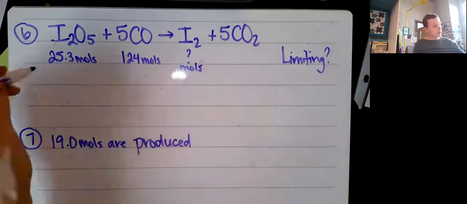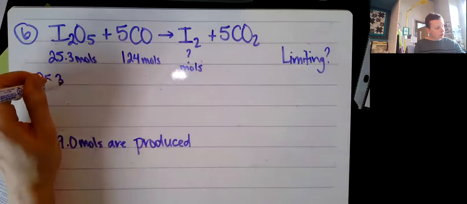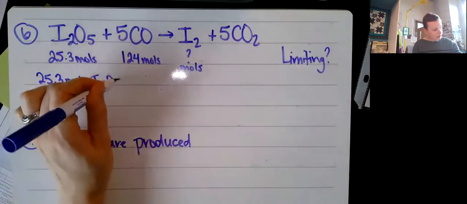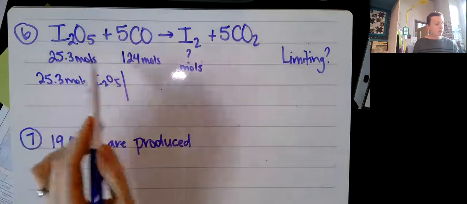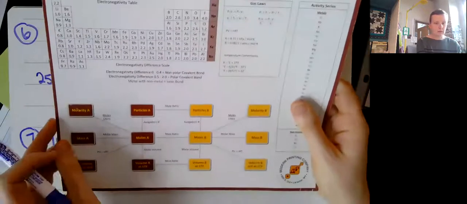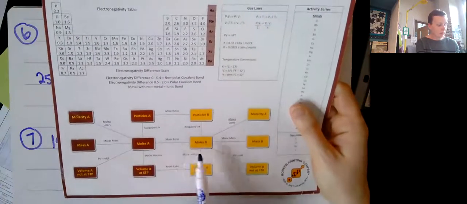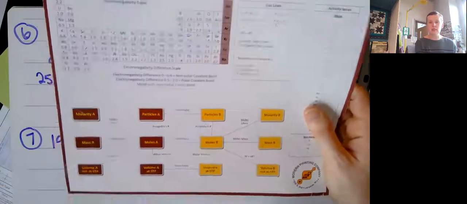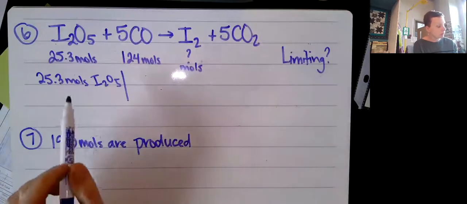So 25.3 moles of I2O5. Moles to moles, guys. Just look at your mole map. All we need is a mole ratio. This one's much simpler because we just need one step for the stoichiometry.